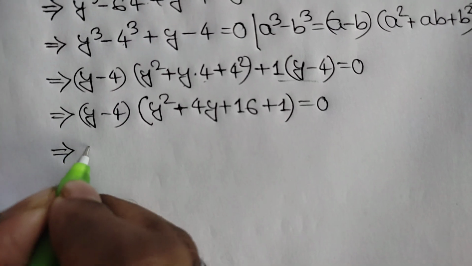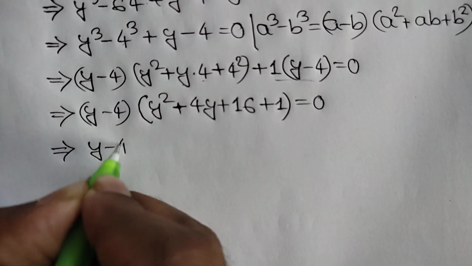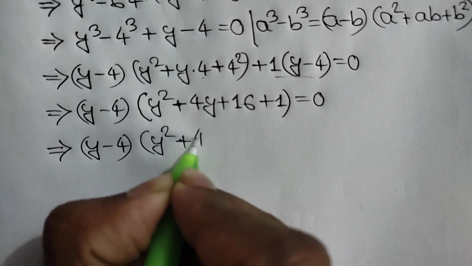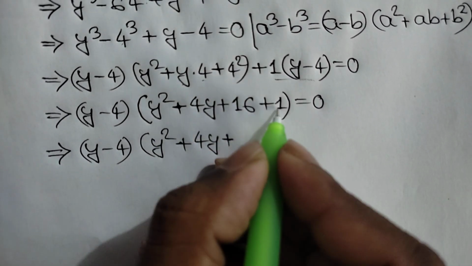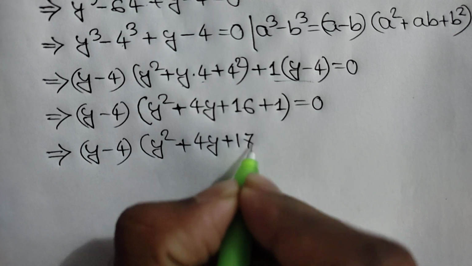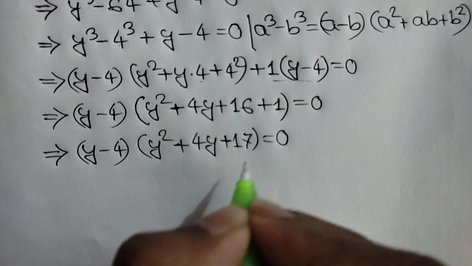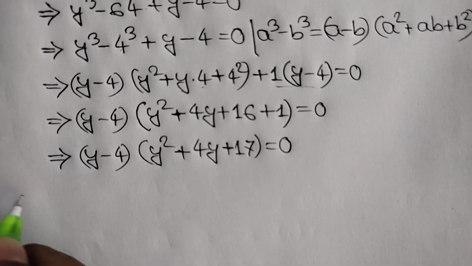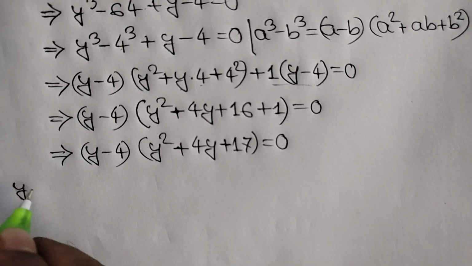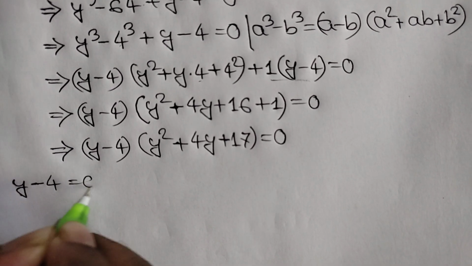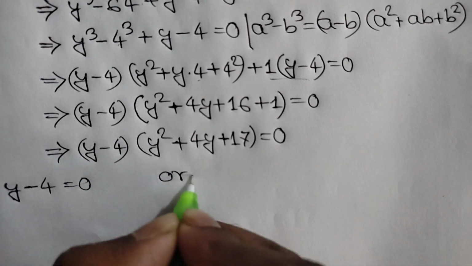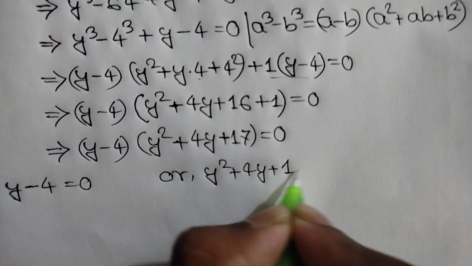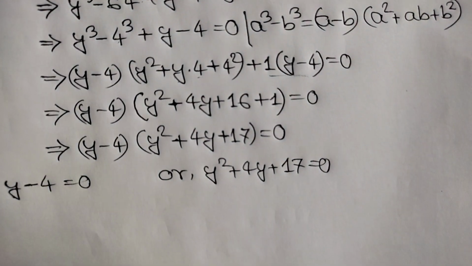So y minus 4 times y square plus 4y plus 16 plus 1, that means 17, is equal to 0. Here we have two equations, so we write y minus 4 is equal to 0, or y square plus 4y plus 17 is equal to 0.